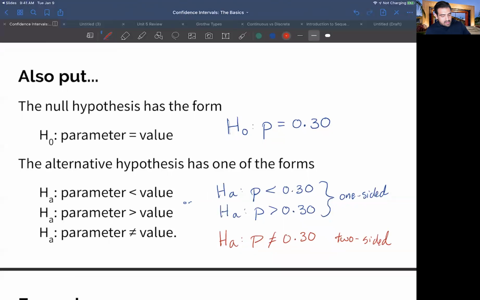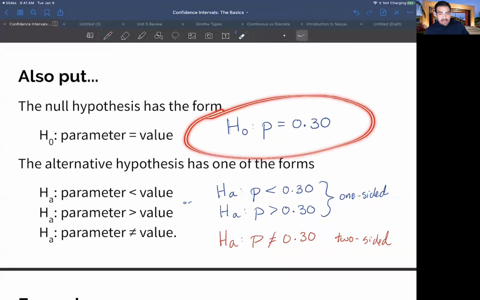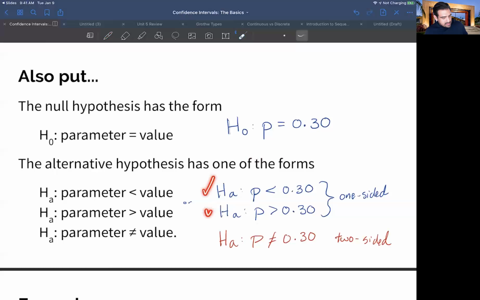So remember, the null hypothesis is the original claim. The alternative is one of these three, something different from the claim, whether it's smaller than or greater than, both being one-sided. You would only have one of those. If you wanted to check both, you would use a two-sided claim.